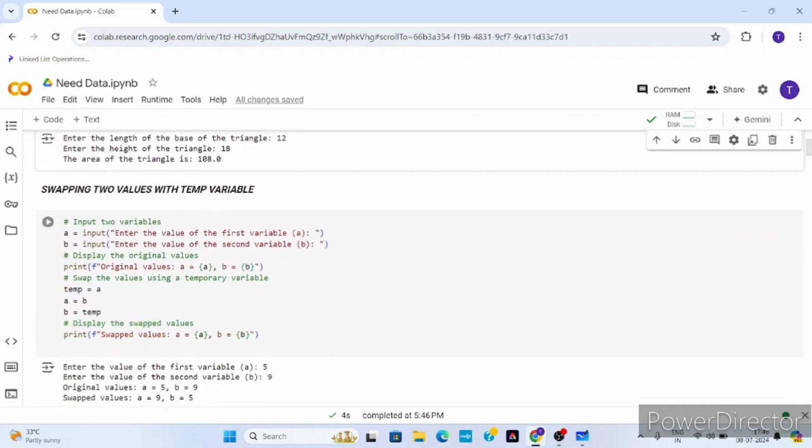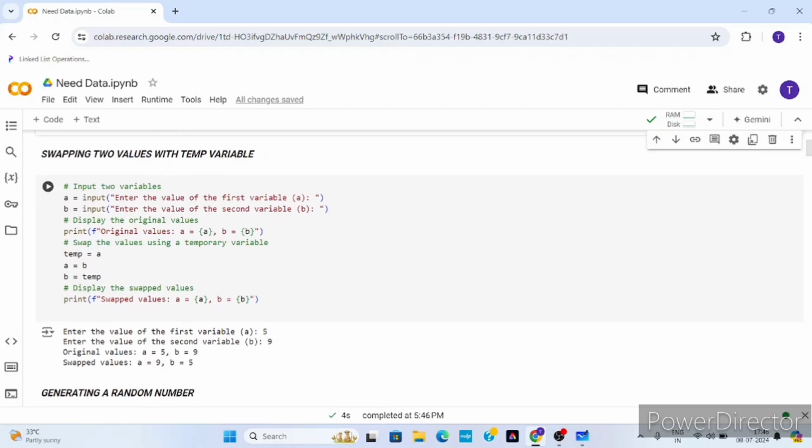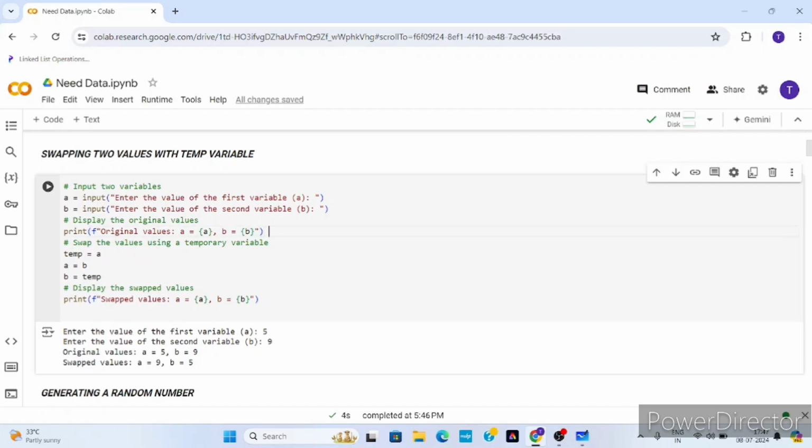Next, swapping two values with a temporary variable. Swapping two values is like, let's assume first, a equal to 5 and b equal to 9. Now after this, I want to get a equal to 9 and b equal to 5.